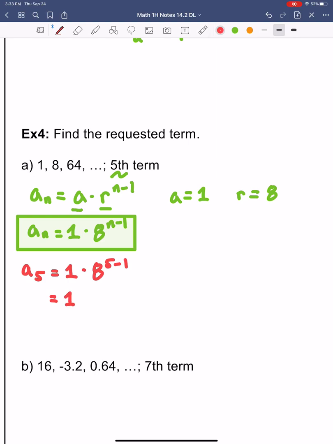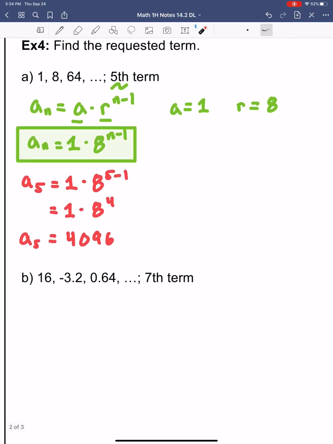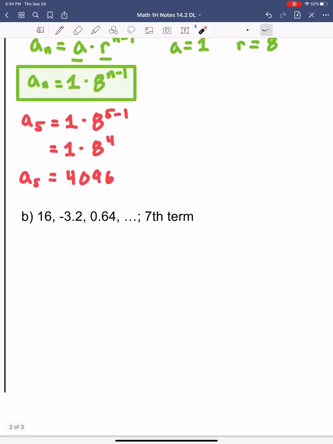This is going to be 1 times 8 to the 4th power, and so 8 to the 4th power, I might have to do some calculator work there, and I get a sub 5, the fifth term, is 4,096. So I want to point out that to complete this operation here, first you would do 8 to the 4th power, and then you would multiply by 1, which in this case doesn't do anything. But that's the process, right? We got to do the exponents and then the multiplication, just like PEMDAS.